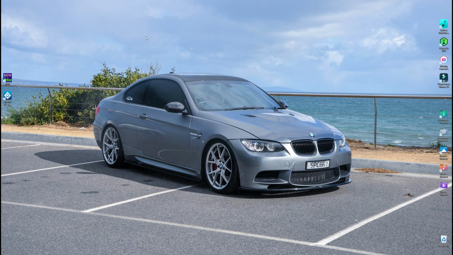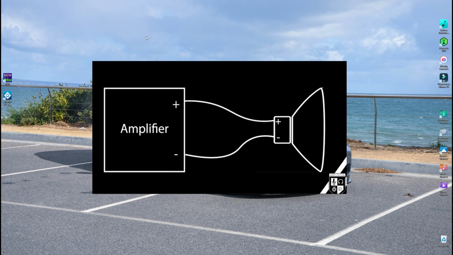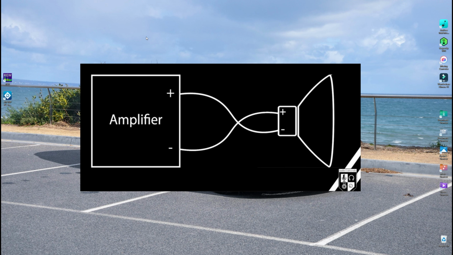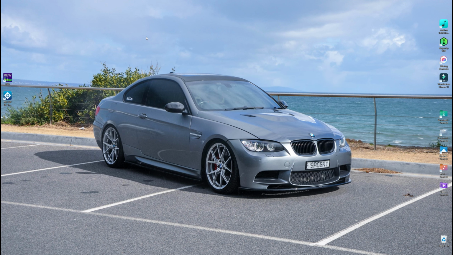And that's why speakers have a positive and a negative terminal on them, so that you can wire up your amp to your speakers correctly. And if they're flipped, for example, you have the positive from the amp connected to the negative terminal on your speaker, the speaker will pull in when it's supposed to push out, and vice versa. But let's talk about that more later.